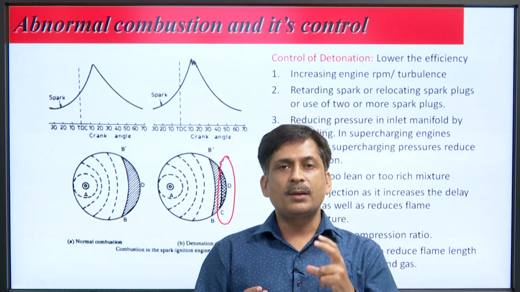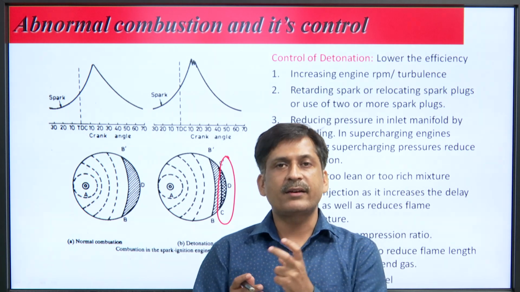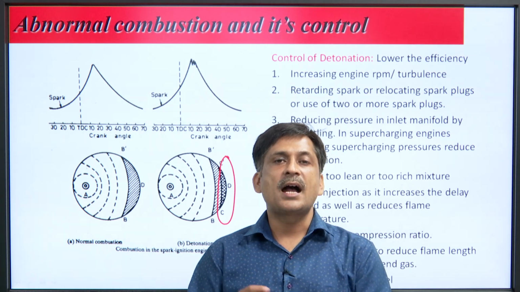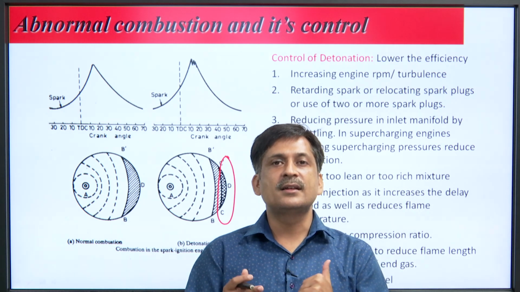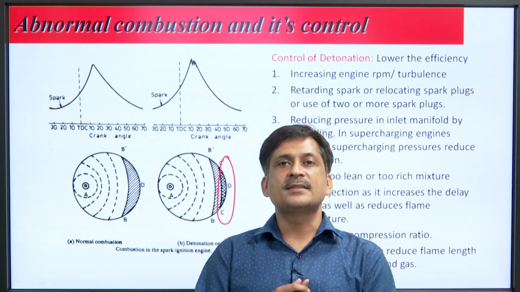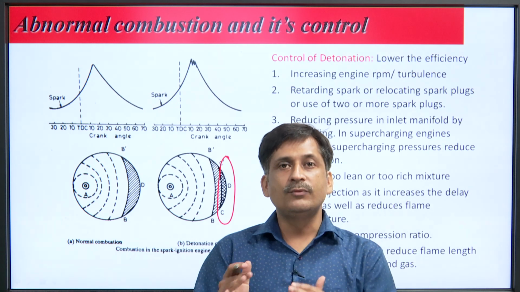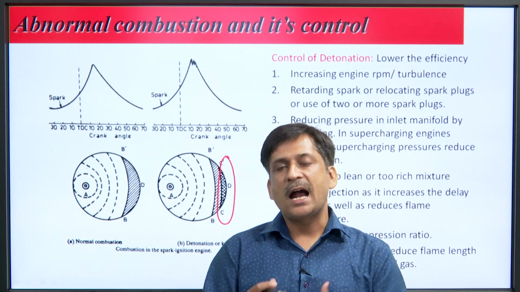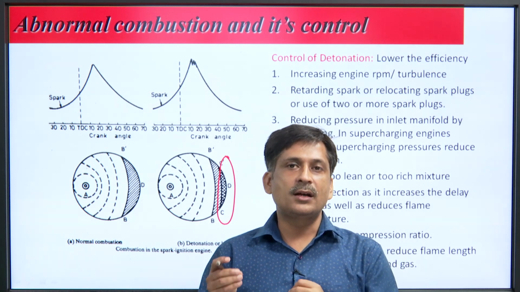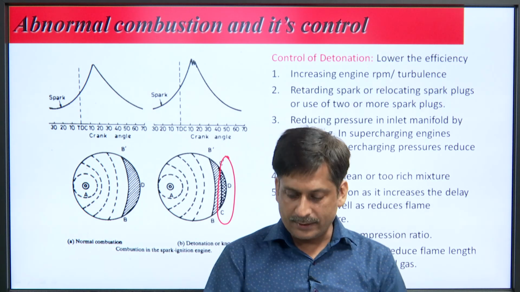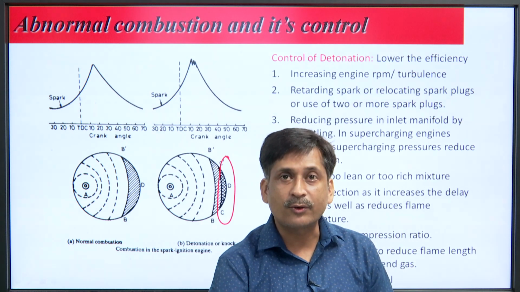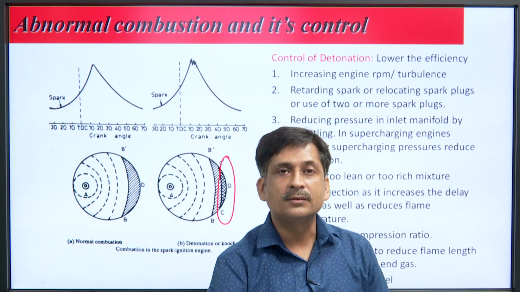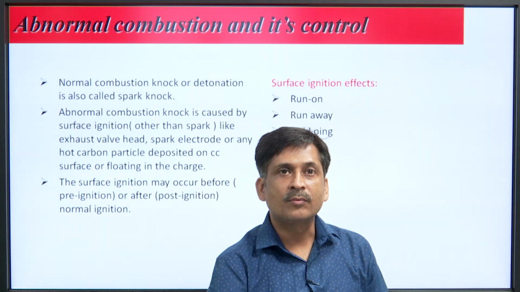Octane number is a parameter which characterizes the fuel. The higher the octane number, the higher the quality of the SI engine fuel. So, we use higher octane fuel, or you can also use additives in petrol to improve the detonation characteristics.